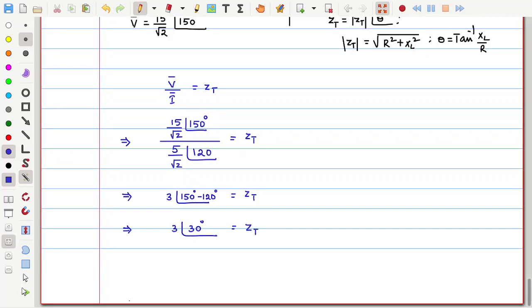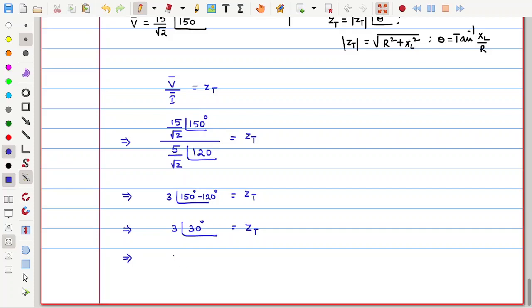Now, this is in polar form. Can I express this in rectangular form? 3 at an angle of 30 degrees is equivalent to, let me check, 3 root 3 by 2 and 3 by 2.